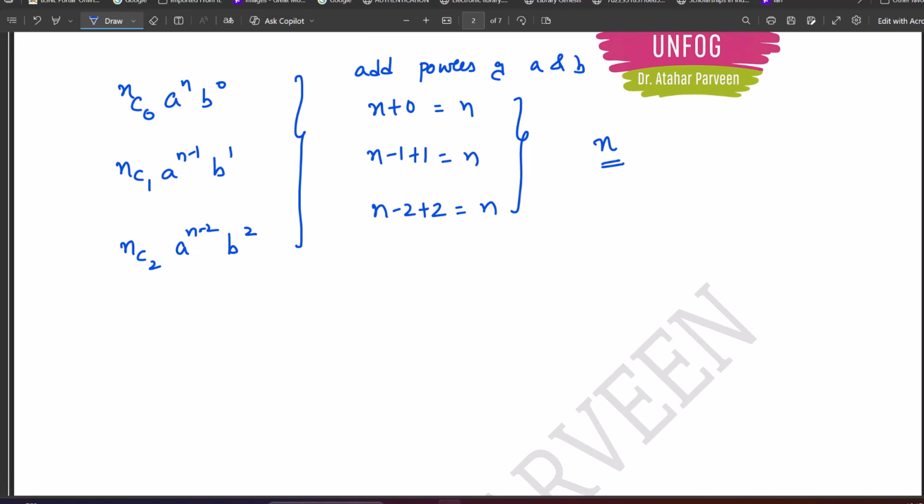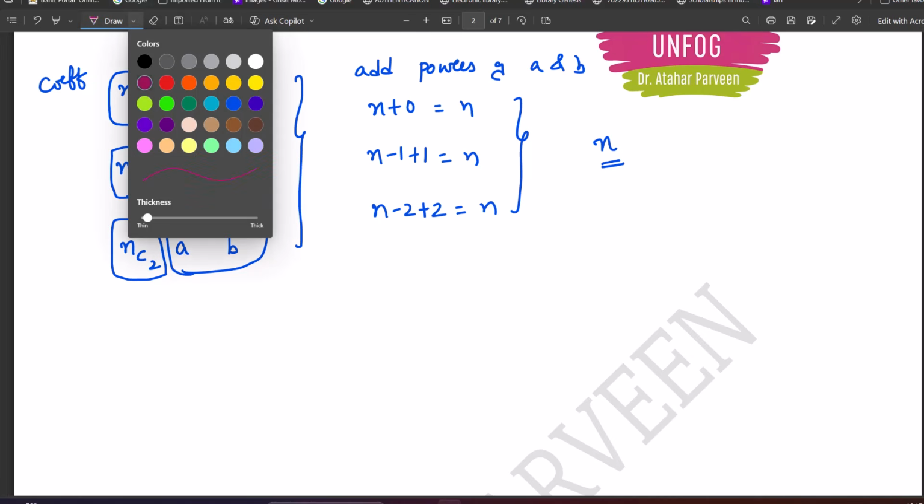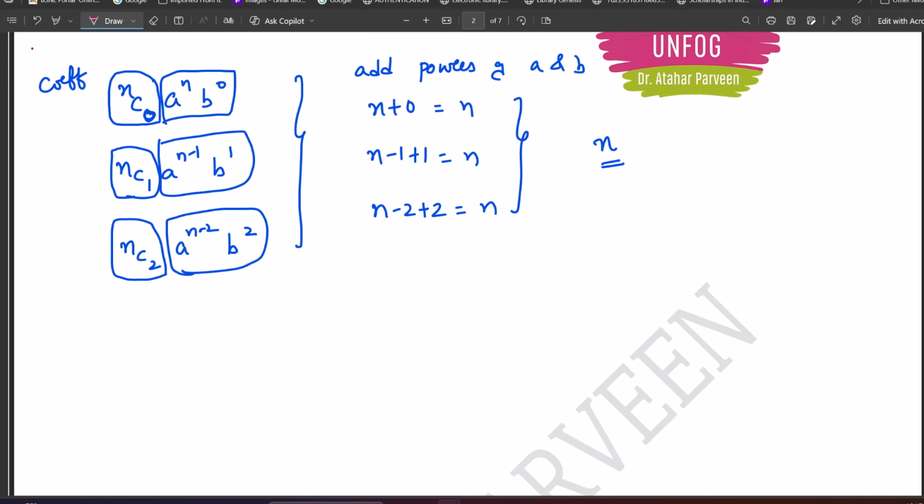So that is the speciality of binomial theorem. And what is the factor for this? See, this is the term. So NCR, this factor NC0 here, this one will be the coefficient, right? For this expression, this one will be the coefficient. Or if you just want to find out the coefficient of A to the power N, what will be the coefficient?